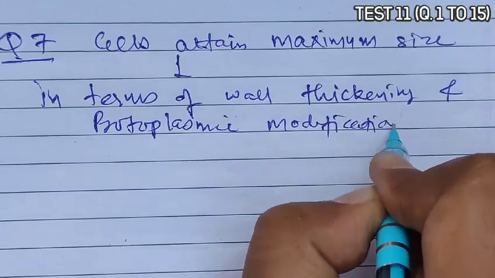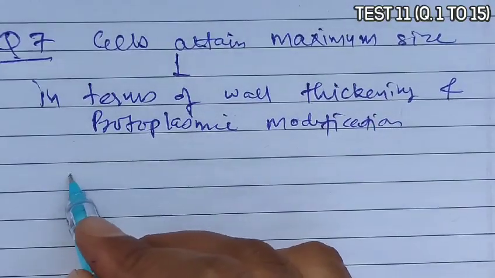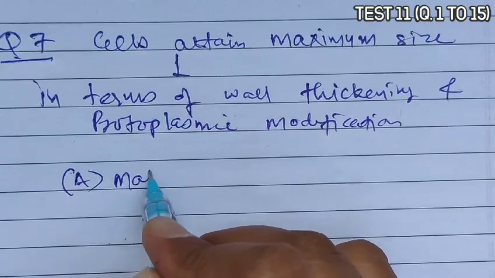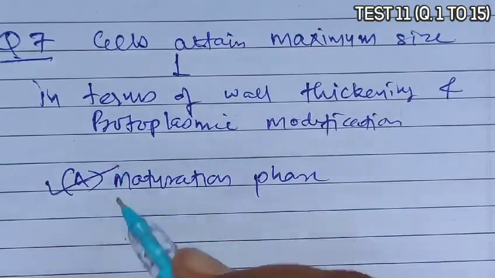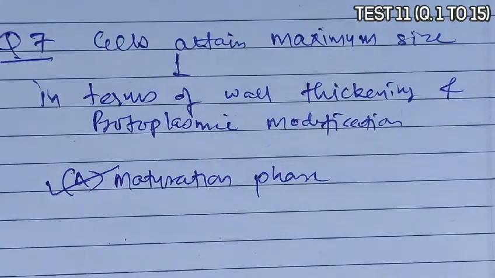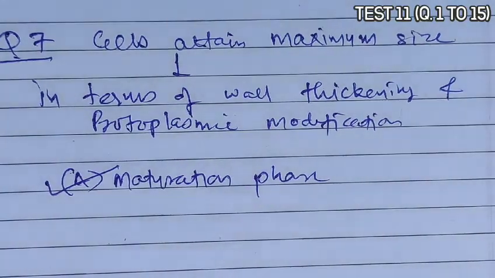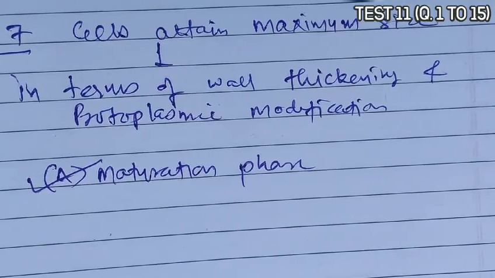So if we talk about the different regions of the root hair zone, it is found that the maturation phase is the phase in which the cells attain a maximum size in terms of wall thickening and protoplasmic modification.